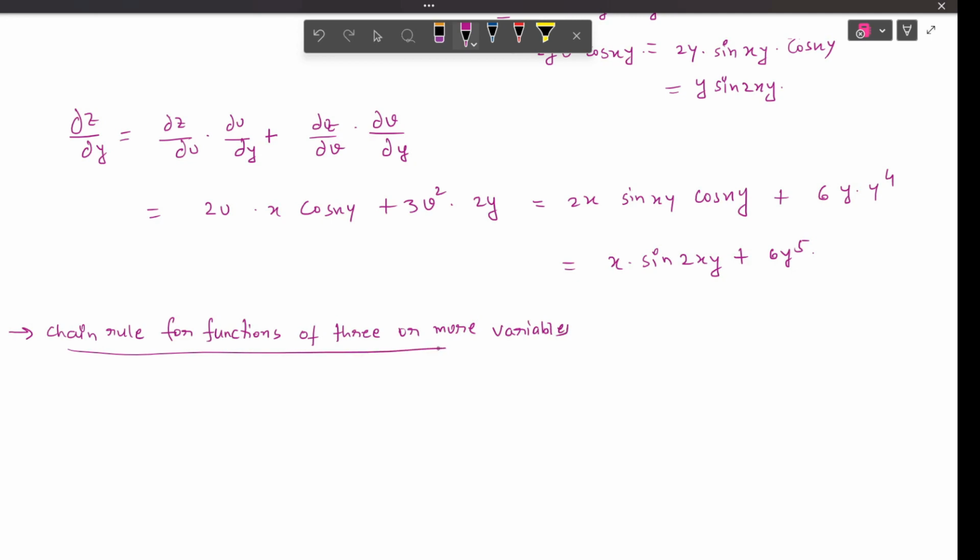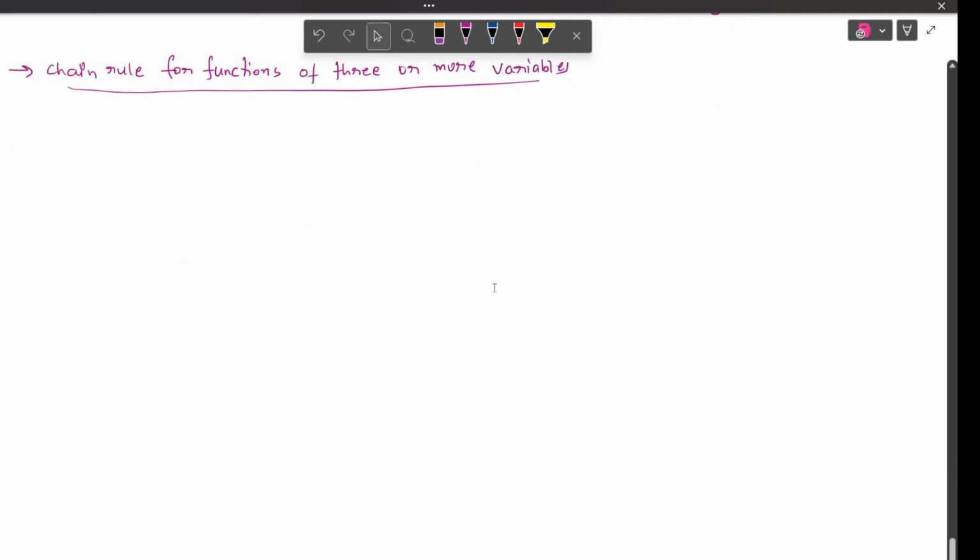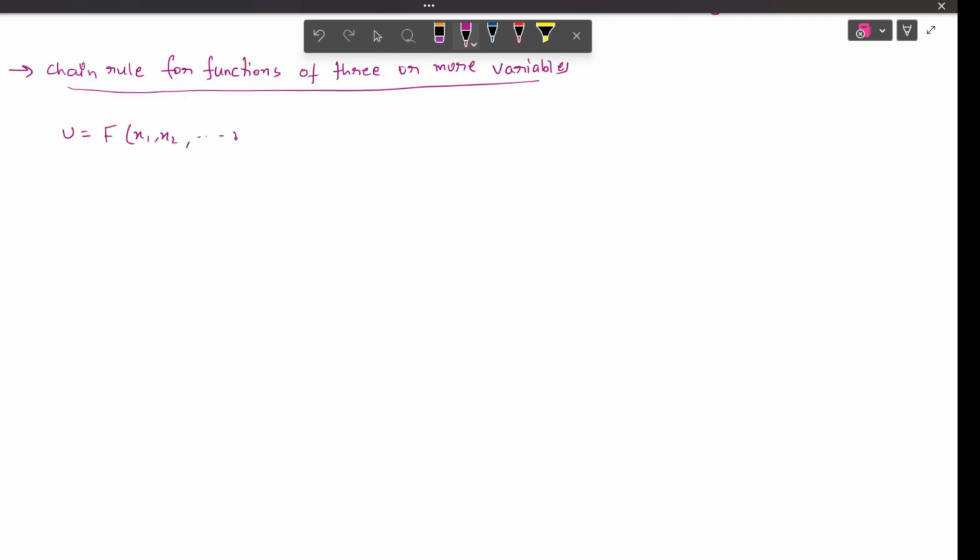Let us see this. Let us say we have a function u as a function of x1, x2, in this manner up to xn, where x1 is a function of r1, r2, in this manner up to rp.